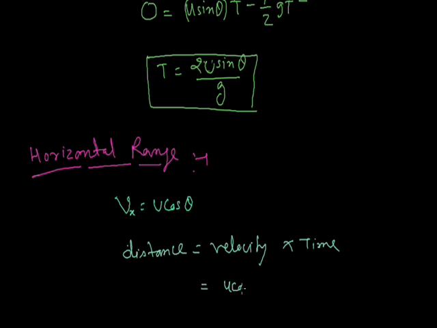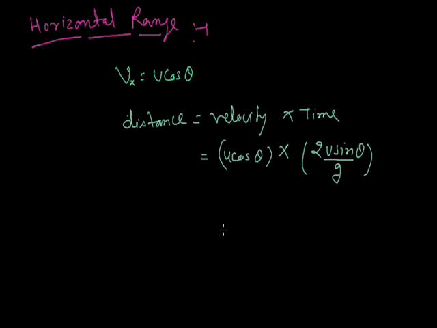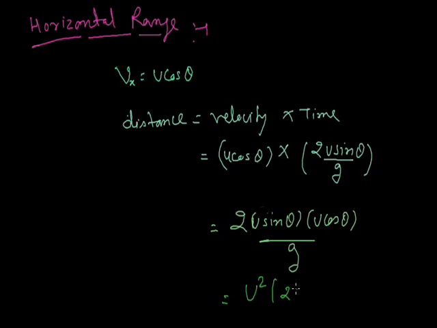Velocity will be u cos theta, and time will be the time of flight, 2u sin theta by g. If we solve this equation, we get 2u sin theta into u cos theta by g, so u square 2 sin theta cos theta by g.